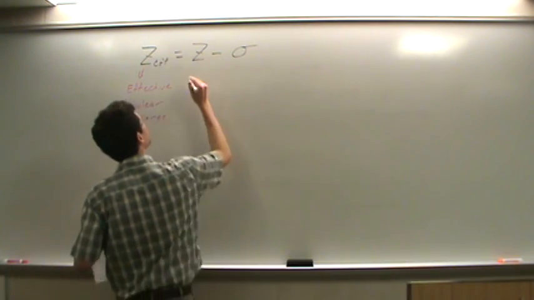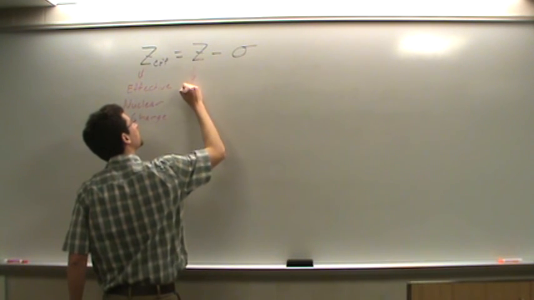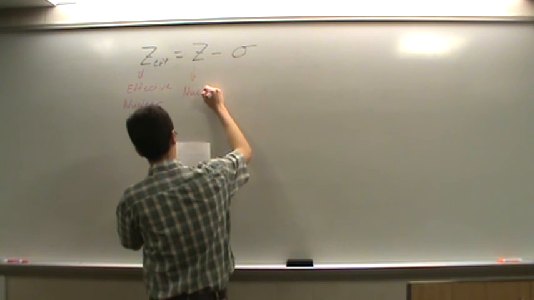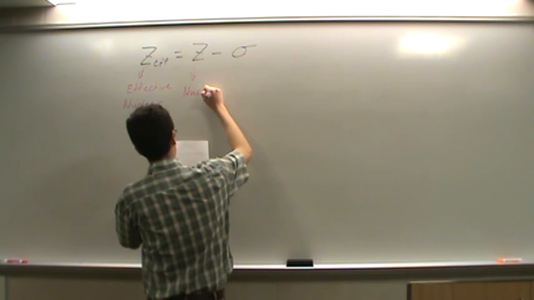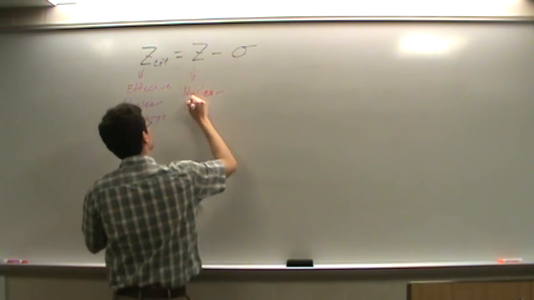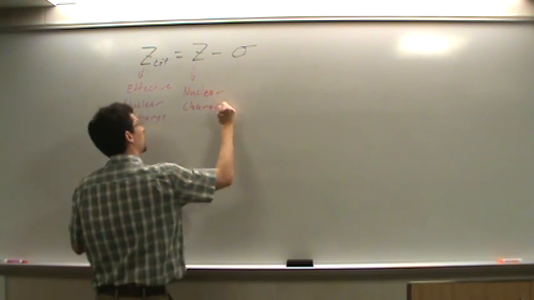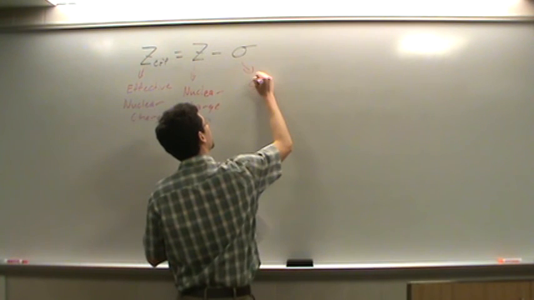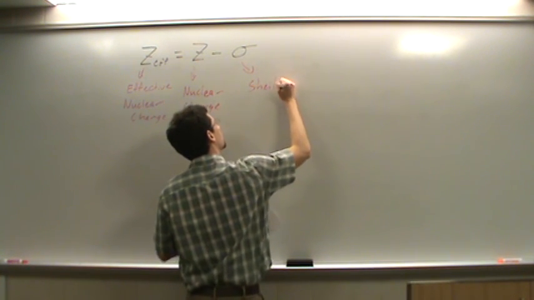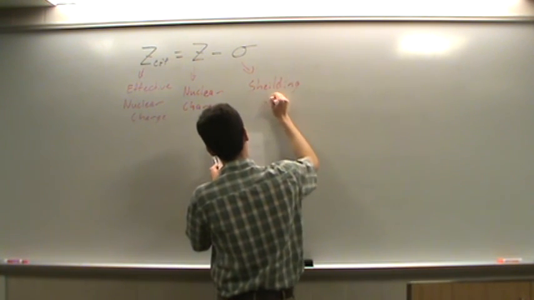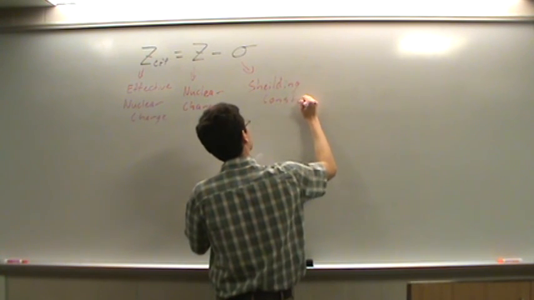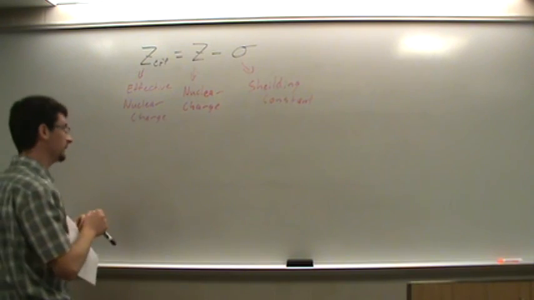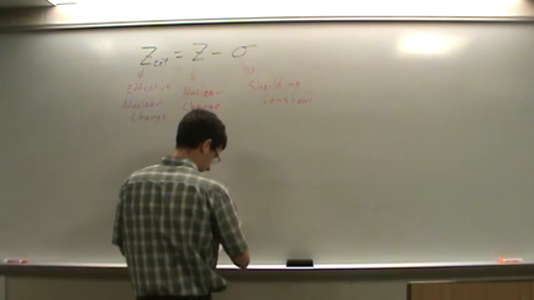This is our nuclear charge, or the charge on the nucleus, and this guy, the sigma, is a shielding constant. So let's discuss what shielding actually means.